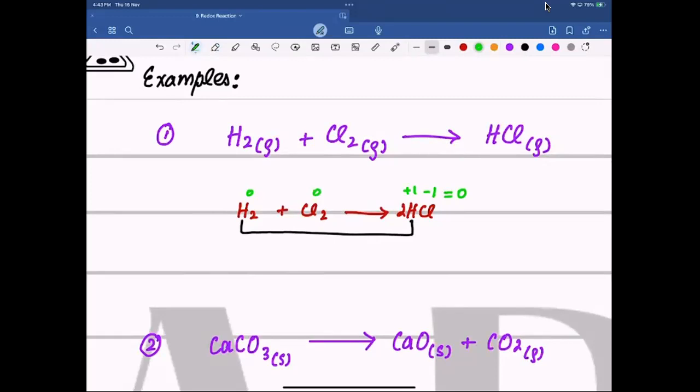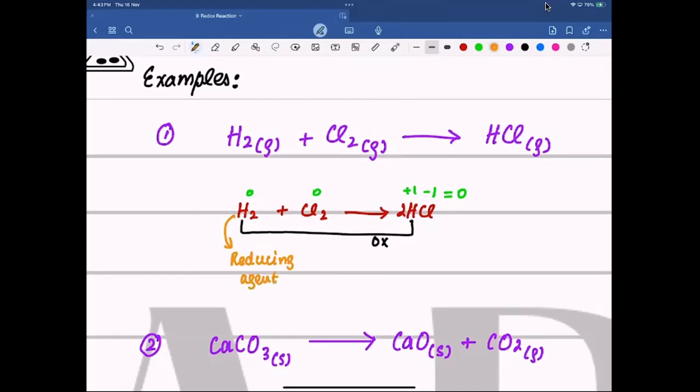From 0 to +1, we can conclude that loss of electron also occurs, because if the charge gets positive, it means the electron is being removed from the atom. That's why the charge gets positive. So it's a reducing agent.